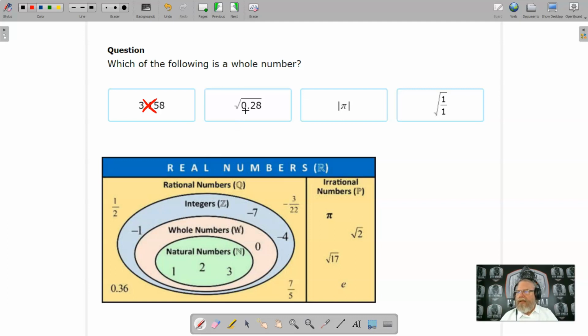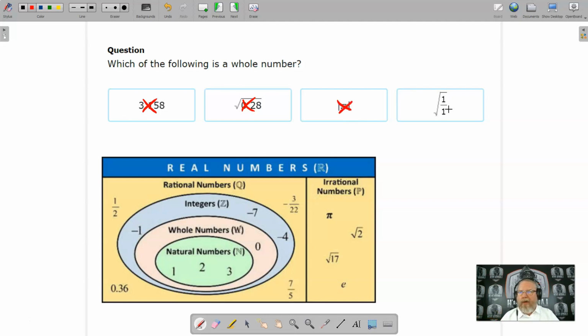What about the square root of 0.28? Well, I could check that on the calculator, square root of 0.28. I don't think it's going to be. It's actually a decimal number, and it's non-repeating, so it's actually irrational on this one here. So that's an irrational number, so it's not a whole number. The absolute value of pi is pi, so that's going to be that 3.14 and a bunch of numbers, so we can get rid of that.